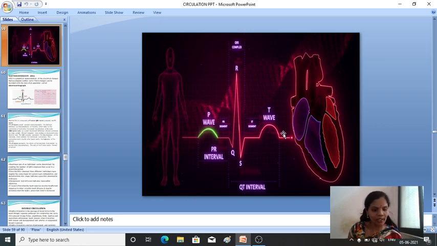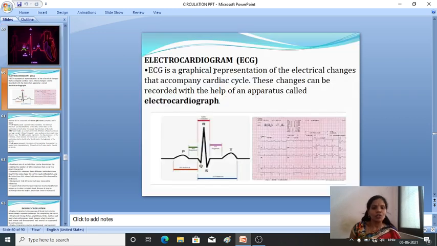The electrical signals spread through the heart and cause it to contract and pump the blood, and this process repeats with every heartbeat. Now we'll see the definition of ECG and its functions. This is the graphical representation of ECG, the graph we get through this instrument.